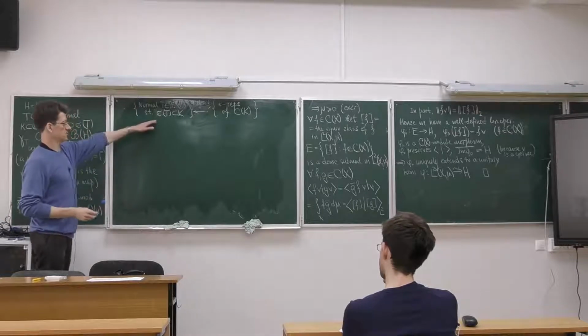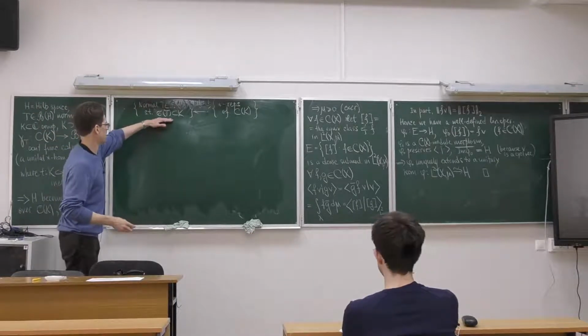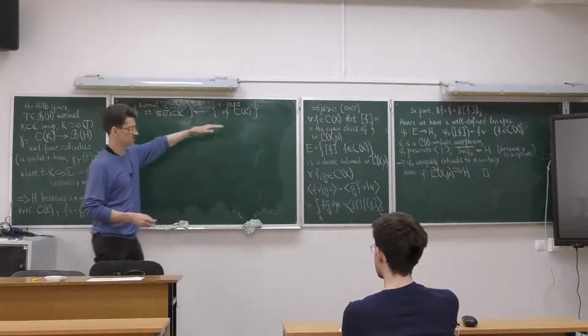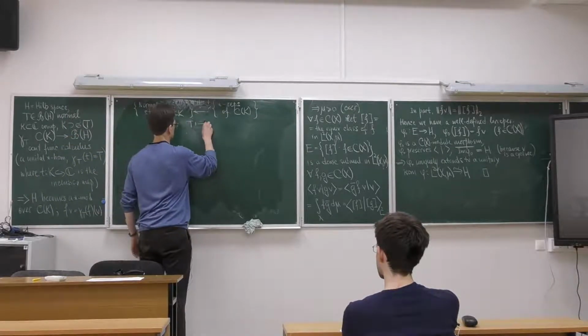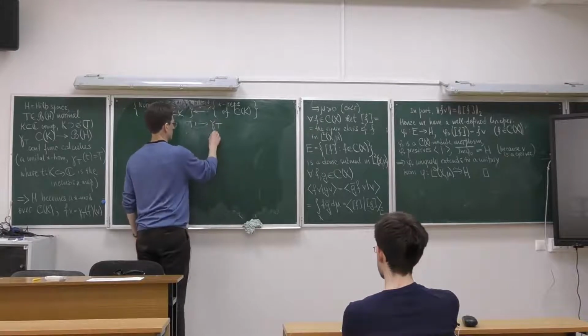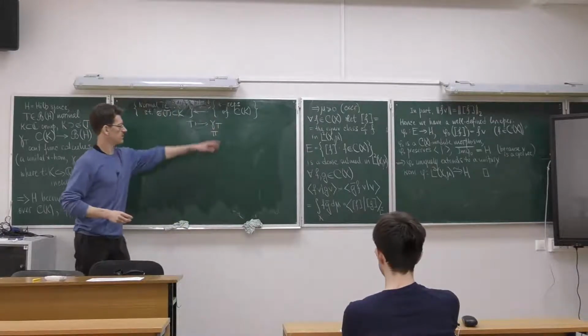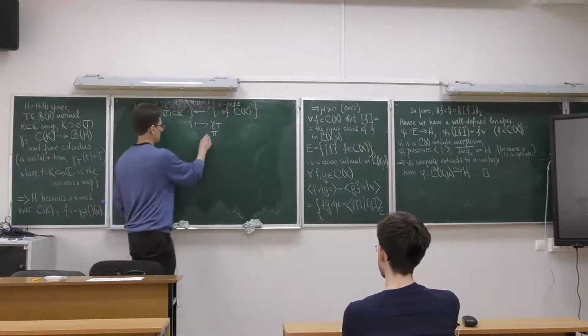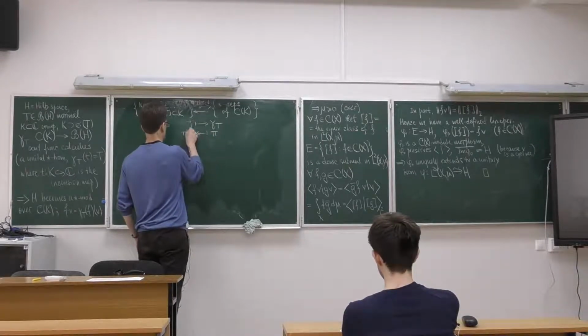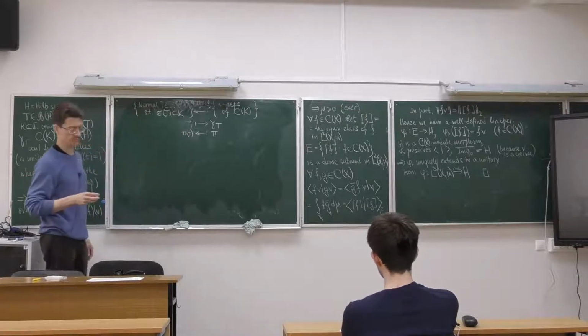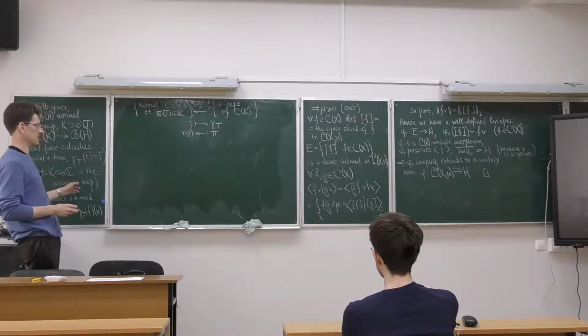So we have just observed that a normal operator generates a star representation, namely the continuous functional calculus. And the other way around, if you have a star representation pi of this algebra, then we can consider the operator pi of little t, where again little t is the inclusion map.